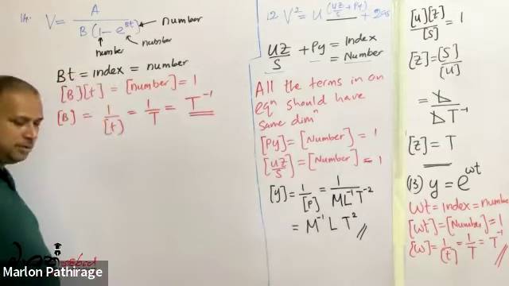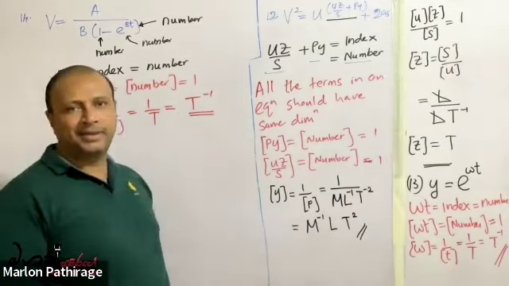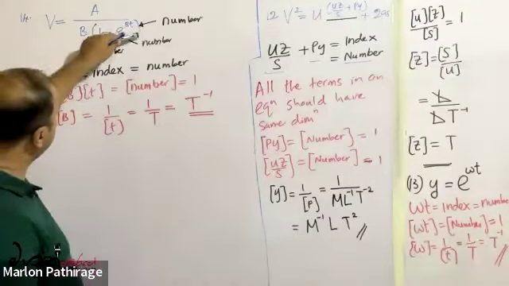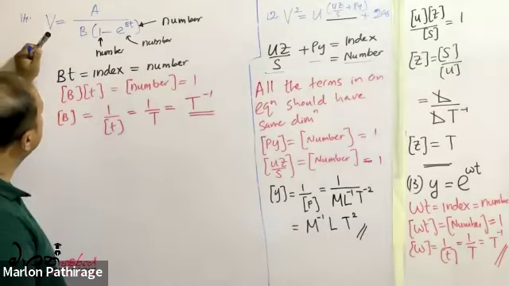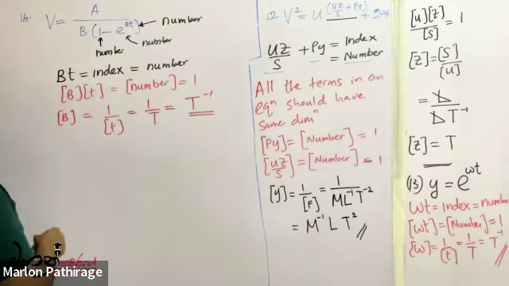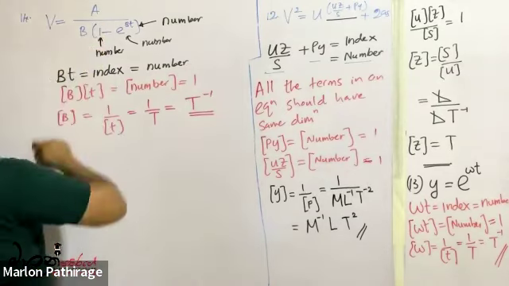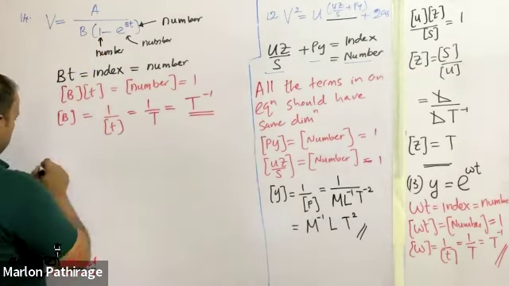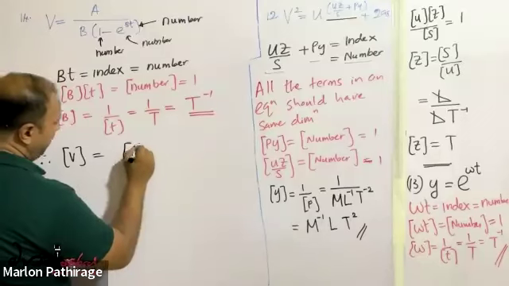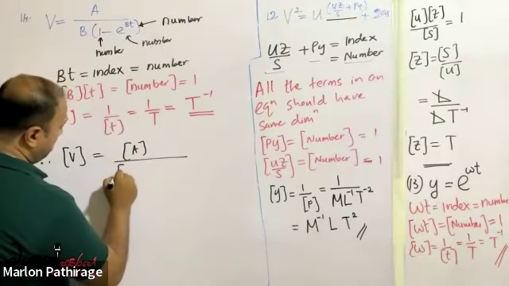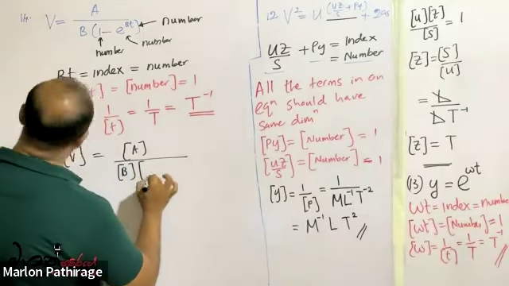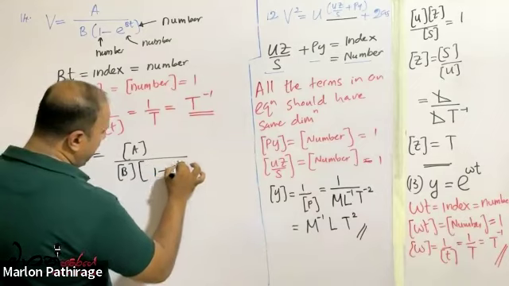Alright. Then I know this one is T minus 1 and this doesn't have a dimension. Then here a. Now this term should be equal to v. Therefore, dimension of v should be equal to dimension of a over dimension of b into dimension of 1 minus e to the power bt.